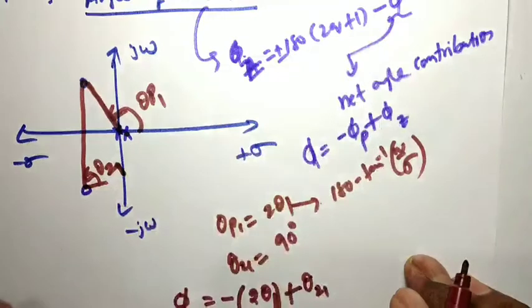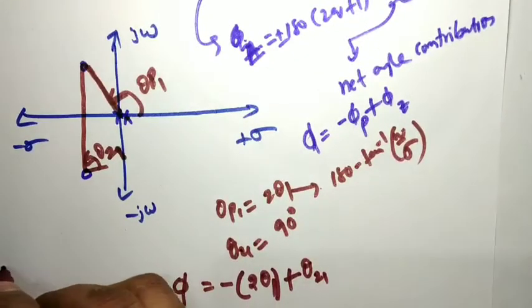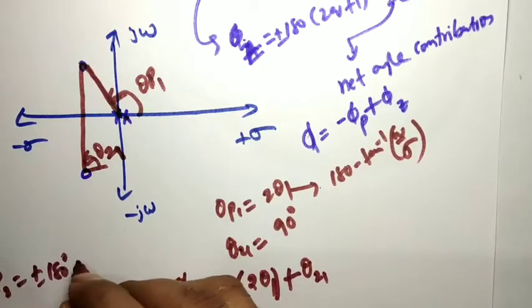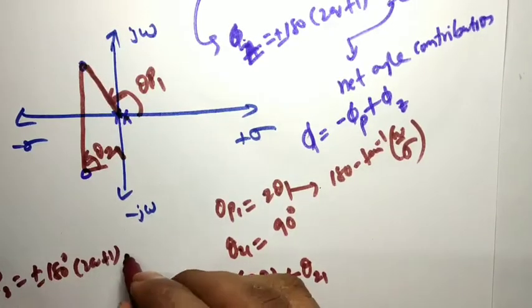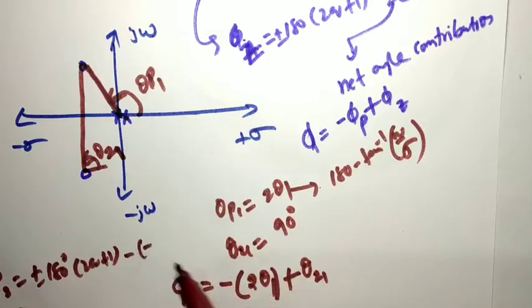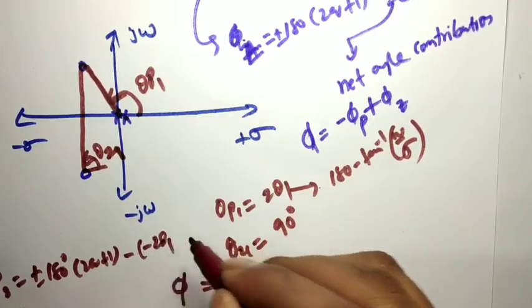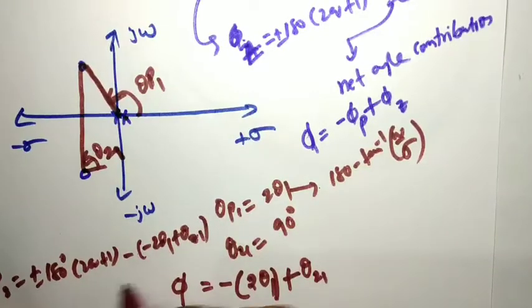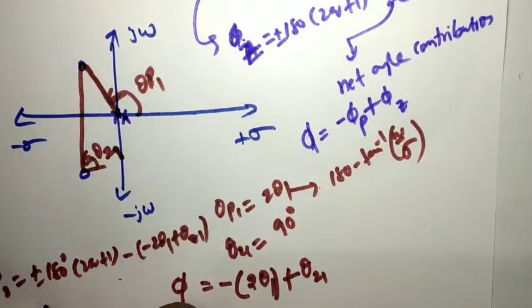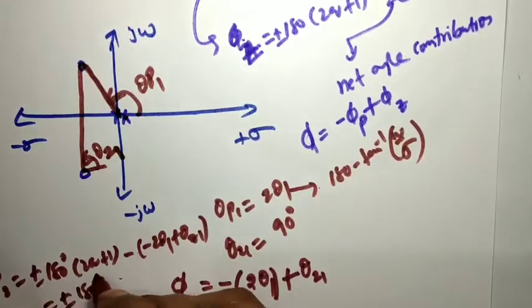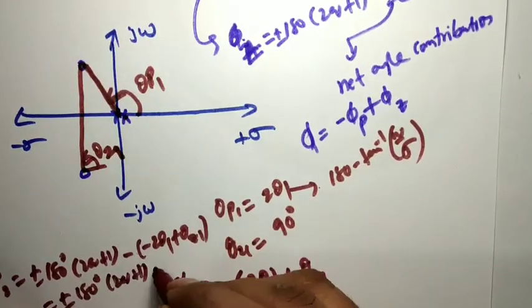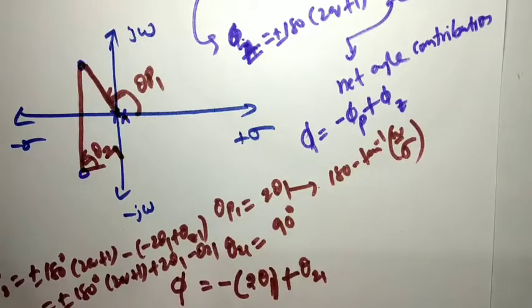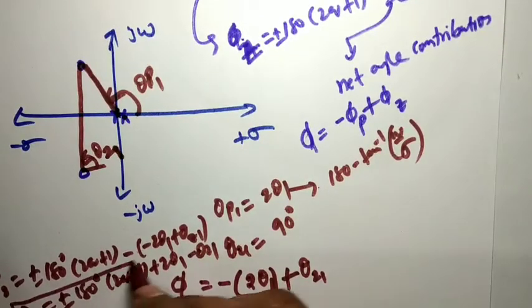When you substitute here, you will get plus or minus 180 (2q plus 1) minus 2 theta 1 plus theta z1. So when you multiply inside, this becomes plus or minus 180 (2q plus 1) plus 2 theta 1 minus theta z1. So this is your total angle contribution by zeros.